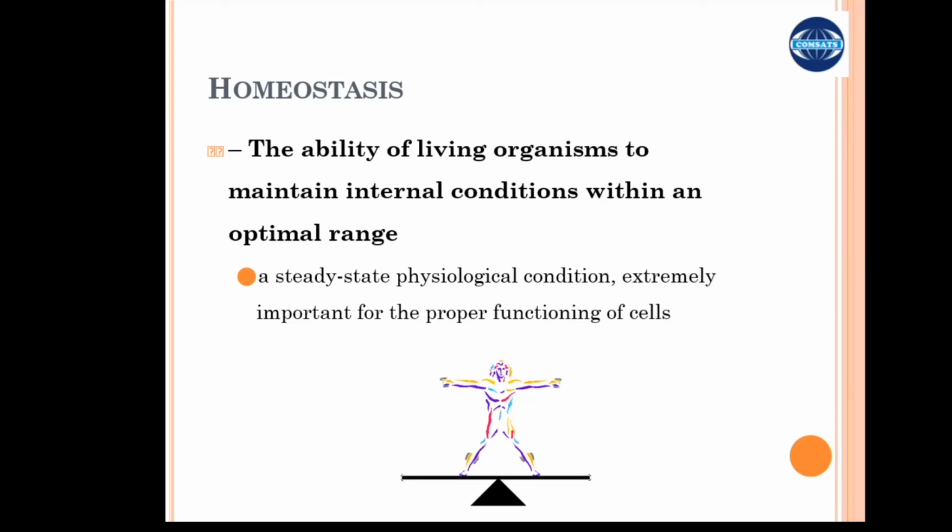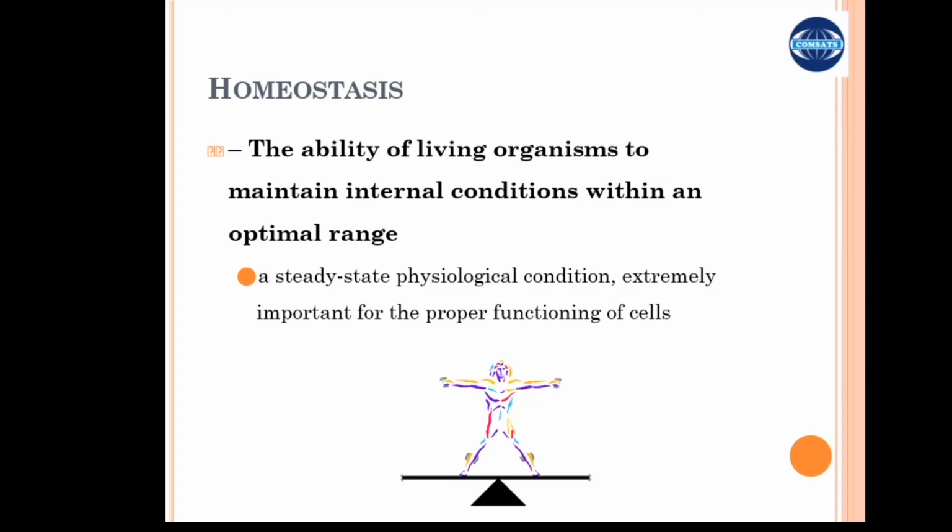He gave the name of this phenomenon as constancy of the internal environment. As the name suggests, he meant that this is the ability of the body to keep the internal environment at a constant level.